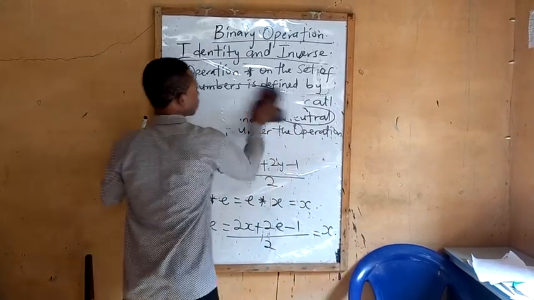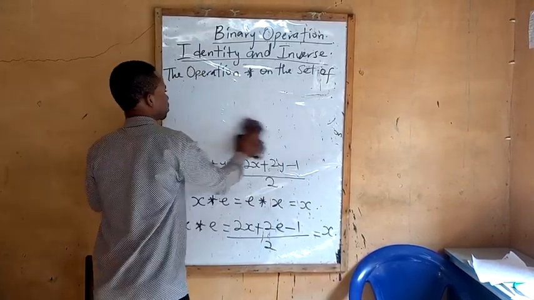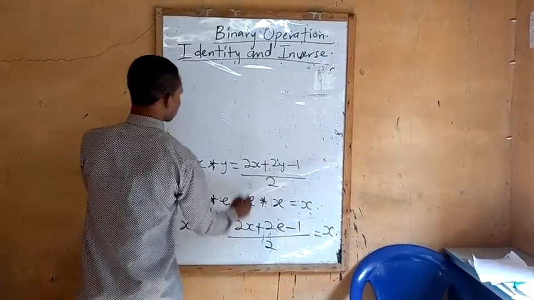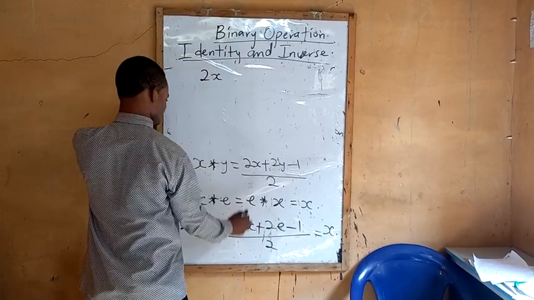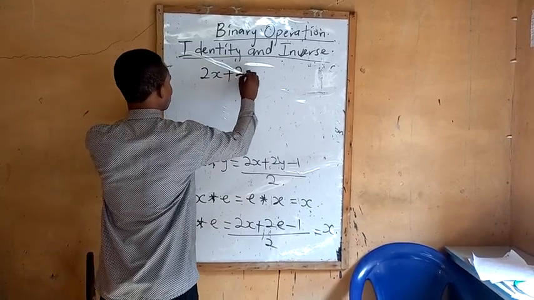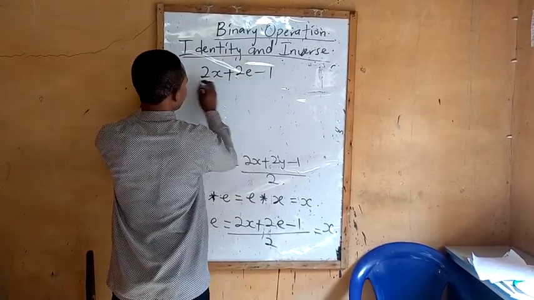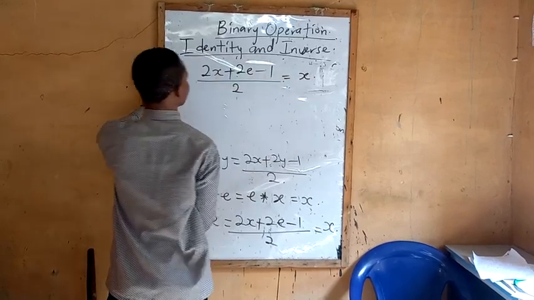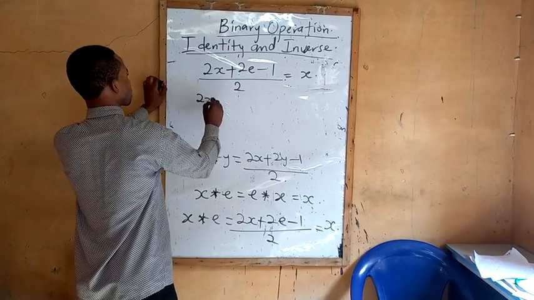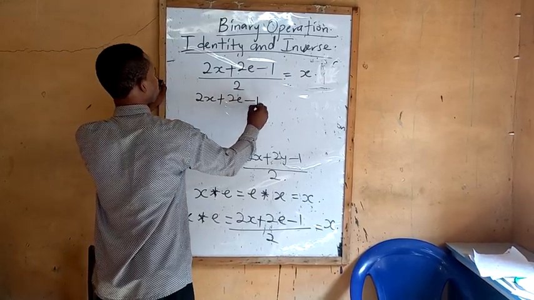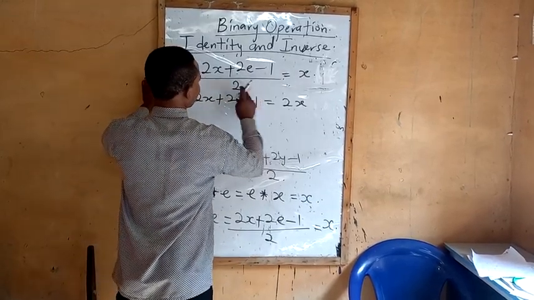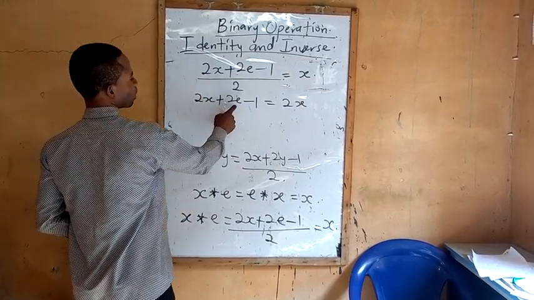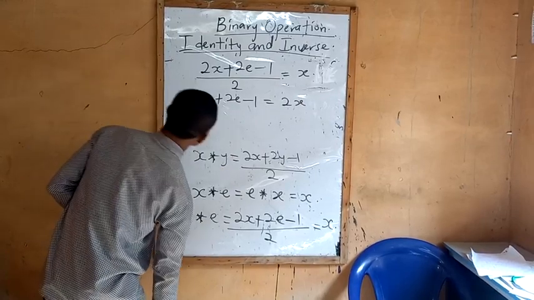So what I need now is 2x plus 2E minus 1 all over 2 equals x. I can cross multiply: 2x plus 2E minus 1 equals 2x. But I'm looking for my identity, E, so I want to make it the subject of the formula.